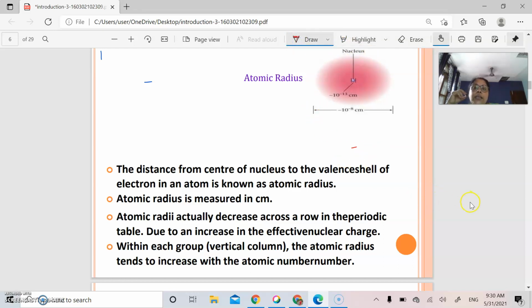Now, for transition elements, if we go for the outermost electron concept, let us take the first transition series. Then we know that the outermost electronic configuration of the transition series is similar to that of the alkali and alkaline earth metal. So if we consider the 3d series, then at the very beginning in the period, we have potassium with atomic number 19.